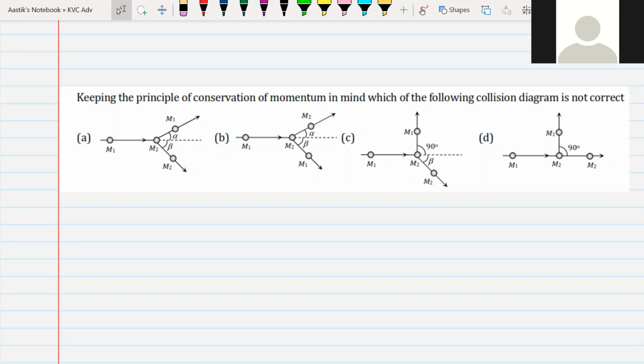What is the answer for this one? Yes, what is the answer?